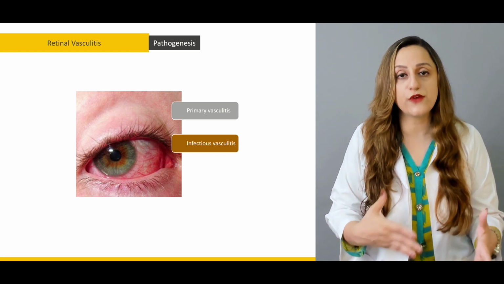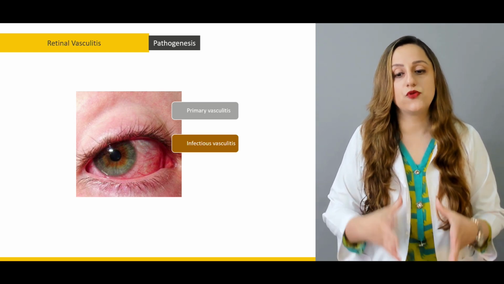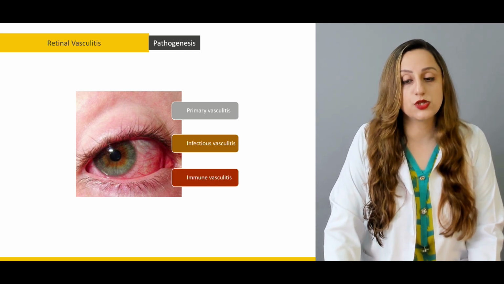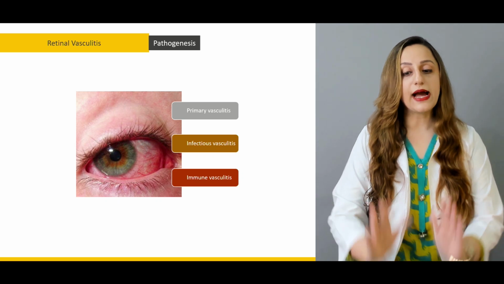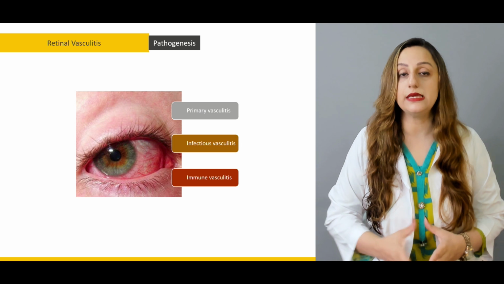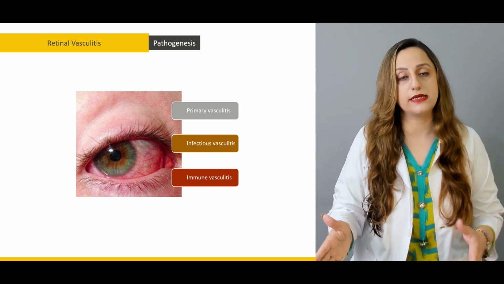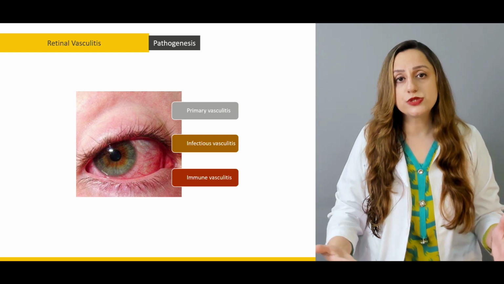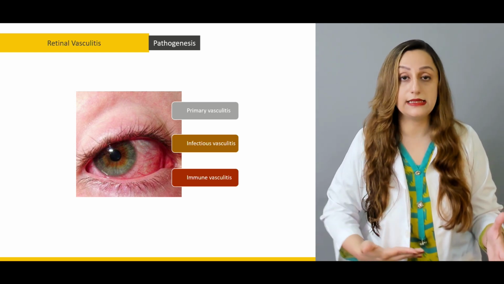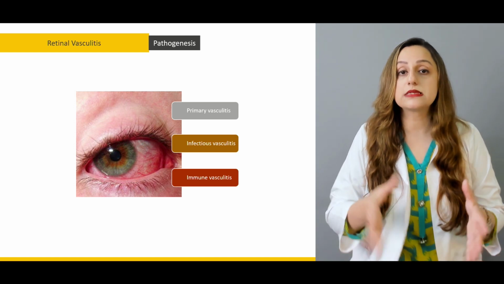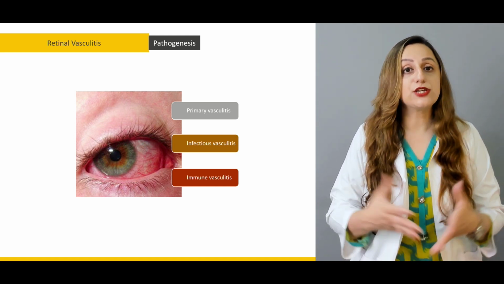So all of these infectious causes are basically related to whenever we say that it is an infectious vasculitis in these individuals. And finally, we have another variety of vasculitis, which is known as the immune-mediated vasculitis. So a lot of patients who are suffering from autoimmune disorders such as SLE, that is the systemic lupus erythematosus, then we have sarcoidosis, Behçet's syndrome.